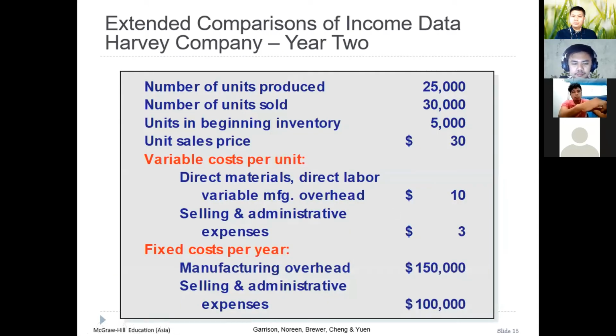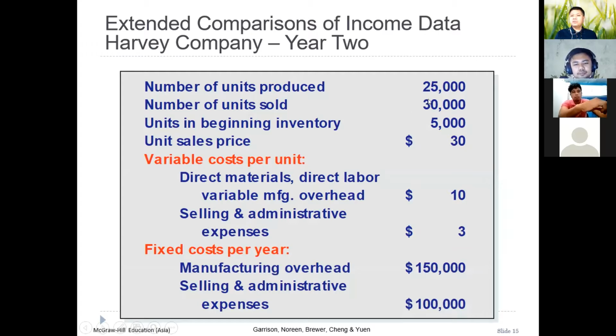In year 2, the number of units produced is 25,000, and then you sold 30,000. Is it true that you have 5,000 in the beginning inventory? So how do you account now? 5,000 beginning inventory, additional production of 25,000, that is a total of 30,000.